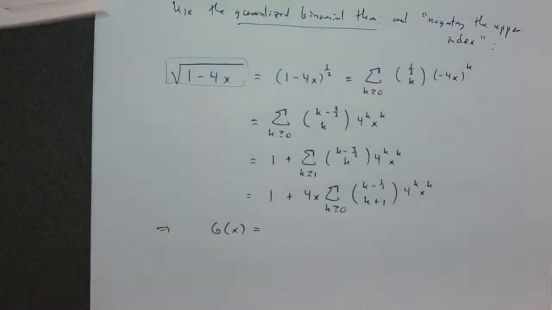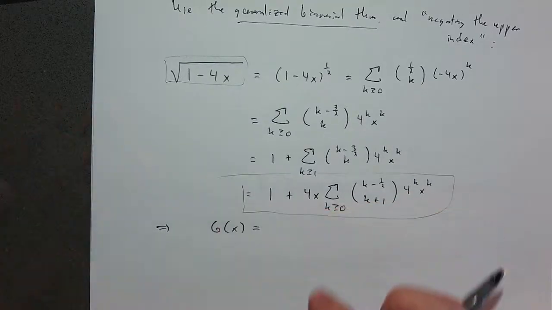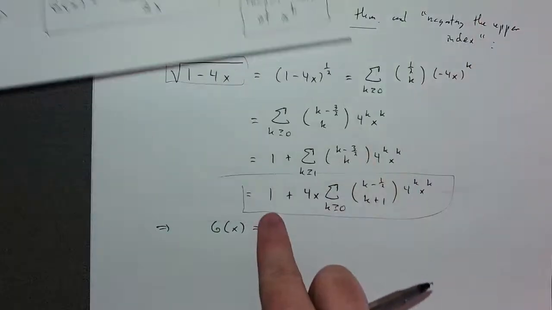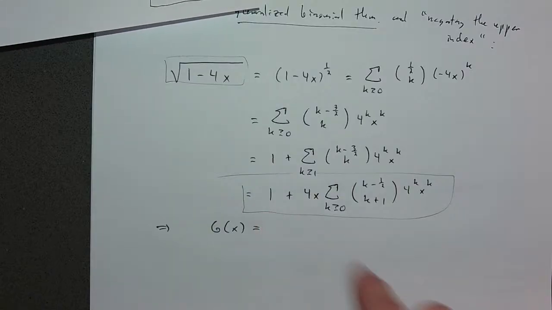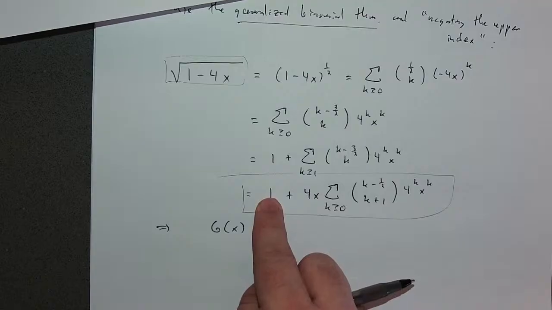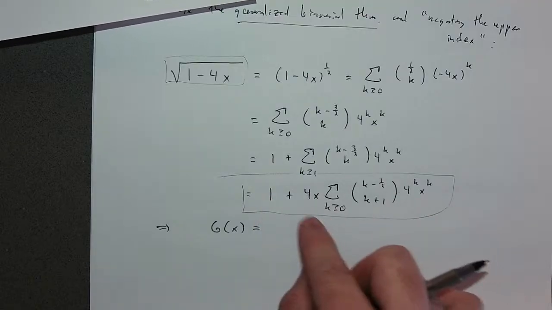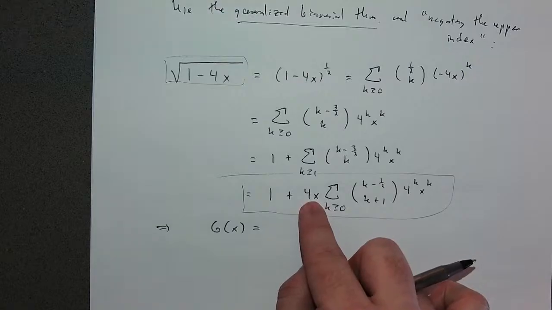So how do I use this? This is the expression I have here. So then 1 minus this expression, and then I'm dividing by 2x. So the 1's cancel. I'm left with this expression. I'm dividing and I'm subtracting it, so there's a minus here, and I'm dividing by 2x.